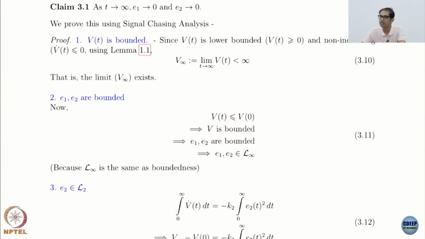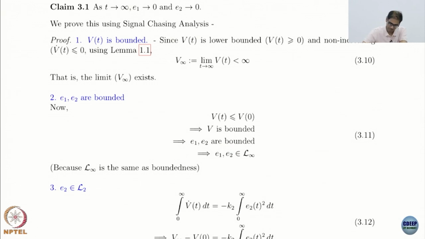If V is bounded and V is quadratic in E1 and E2, nothing can cancel each other, right? It is K1 E1 squared plus E2 squared, so they can't cancel each other. Therefore both E1 and E2 have to be bounded. If either one of them is unbounded, V is unbounded. No choice. Therefore E1 and E2 are bounded, and boundedness is identical to L infinity. You already said boundedness and L infinity are exactly the same thing.